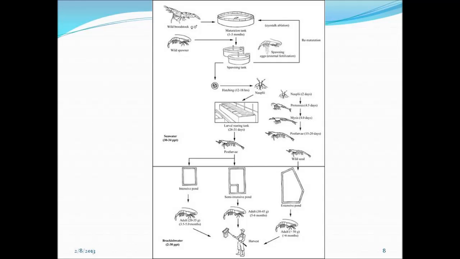So then from here, the spawning tank where they hatch. And then nauplii, I think that's how you pronounce it. It goes into the larval rearing tank. In the semi-intensive pond, the larval rearing tank can also be shared with the actual post-larval development pond.